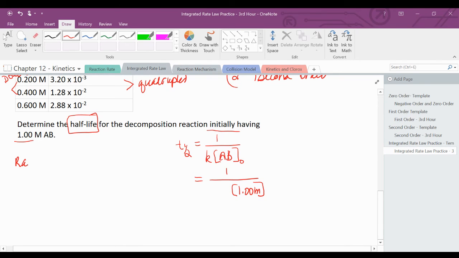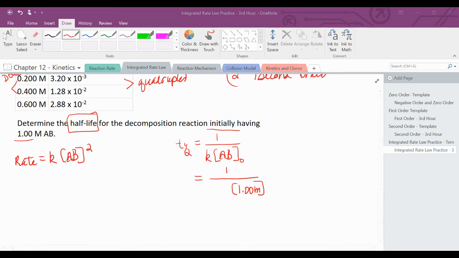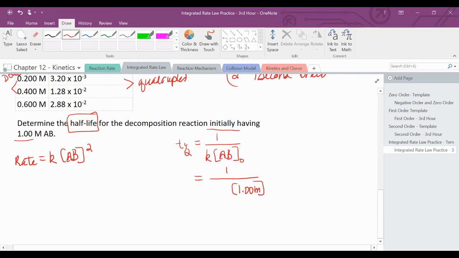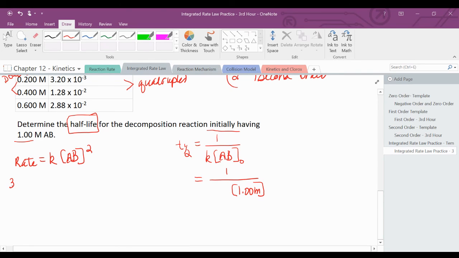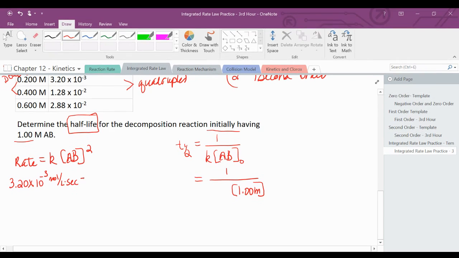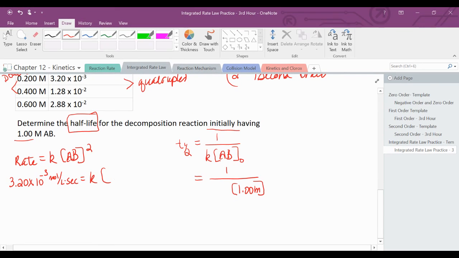So rate is equal to K times AB to the second order. So I can pick any of the trials above. So if I use trial number 1, we know what the rate is. And for trial 1, I know what the concentration of AB is. I know it's 0.2 molar.